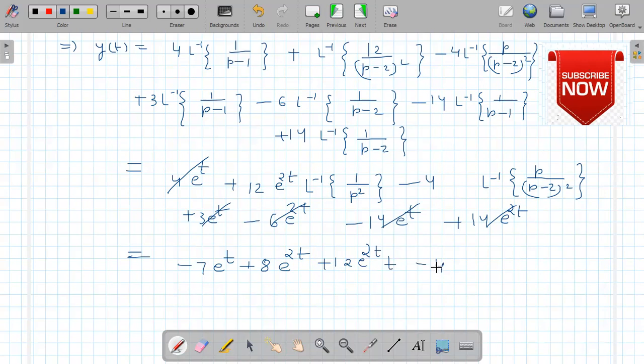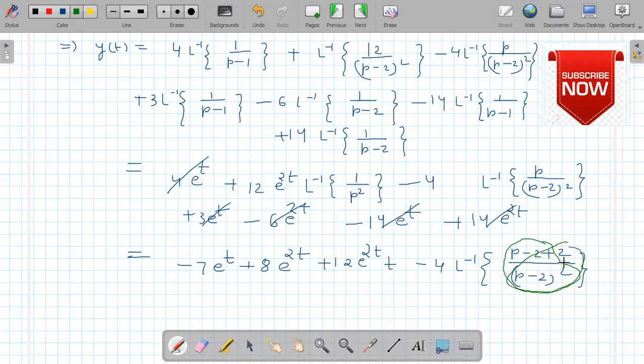Minus 4 into Laplace inverse of, here we will make p minus 2 plus 2. So one of this p minus 2 will combine with this and 2 with this.